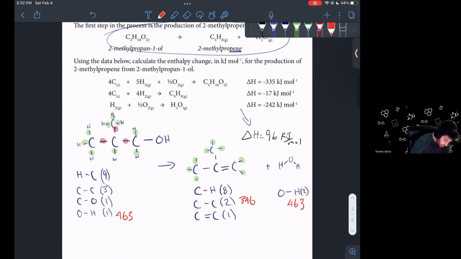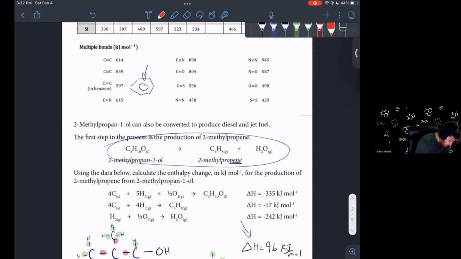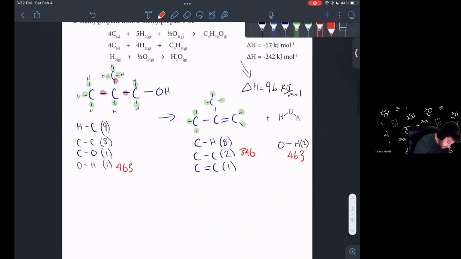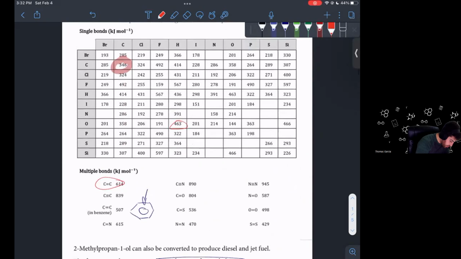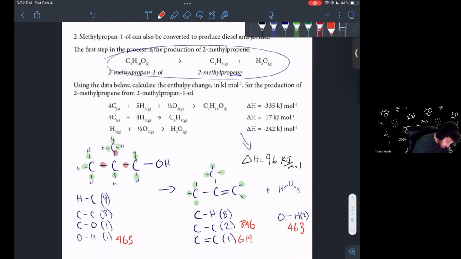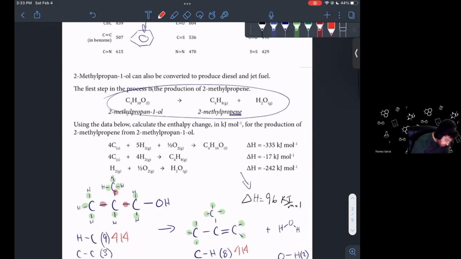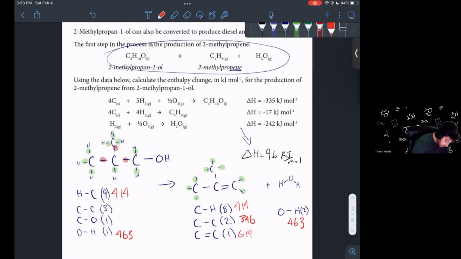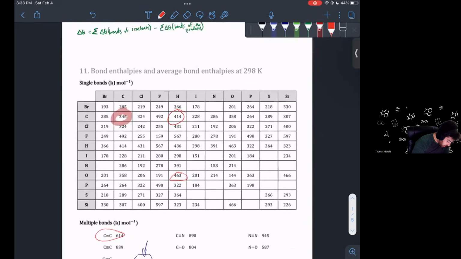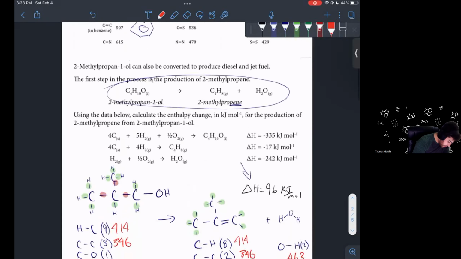I have carbon double bonded to carbon, 614. This one gets a little tedious. Carbon bonded to hydrogen, 414. Carbon bonded to carbon, I think I already pulled that one, 346. Carbon bonded to oxygen, I did not pull that one yet. Carbon bonded to oxygen, 358.